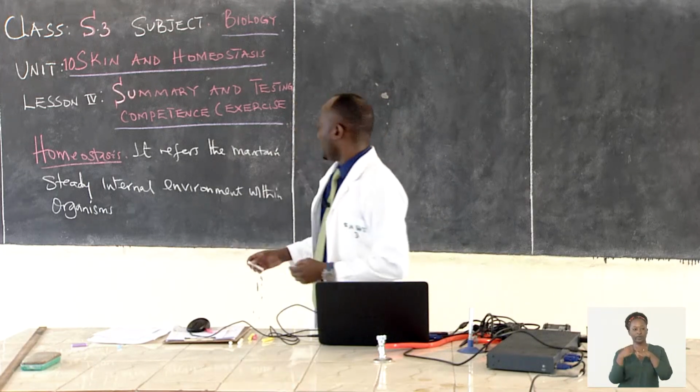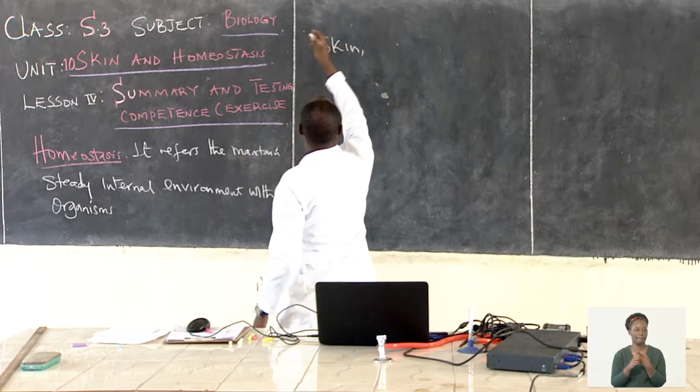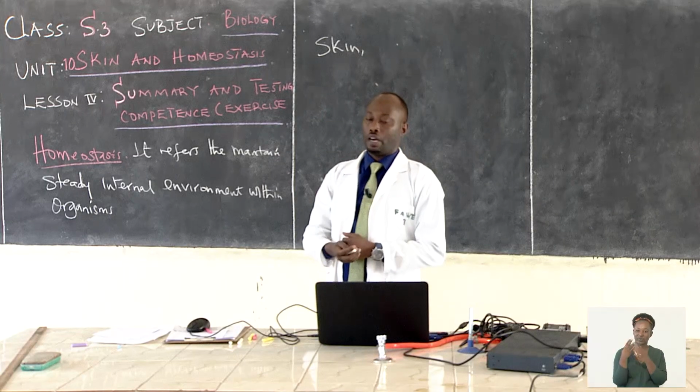All right? So we have very many organs that participate in maintaining a constant internal environment. We have the skin. That is number one, an organ that plays a big role in maintaining the internal environment.